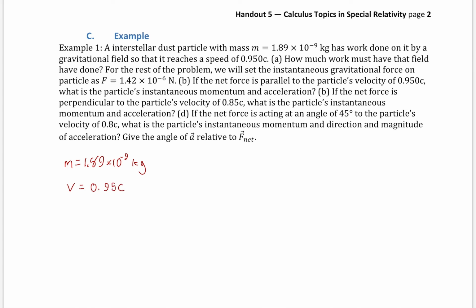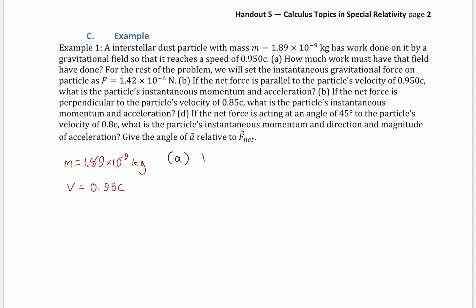In part A, we're actually not going to be using this new relativistic second law. Instead, we're really just going to take a look at how much work it took to get to this point. Since we had a particle that started at rest, and we're going to bring it up to that final speed, this is for the rest of the motion.